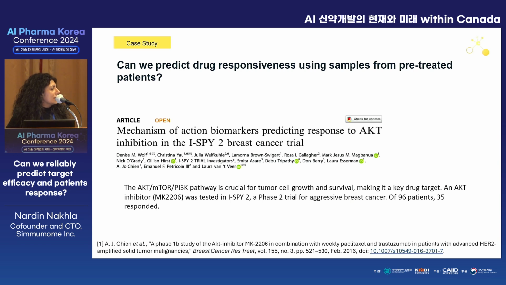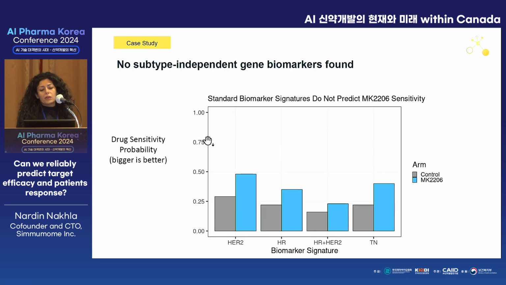And basically, 35 patients responded to that drug out of 96. And the question they asked is which subpopulation of patients responded versus the ones that didn't respond.